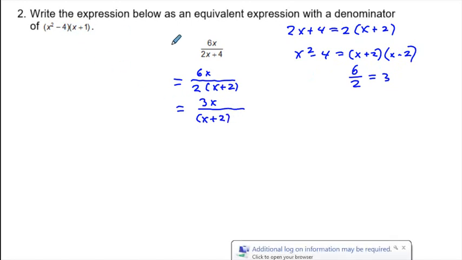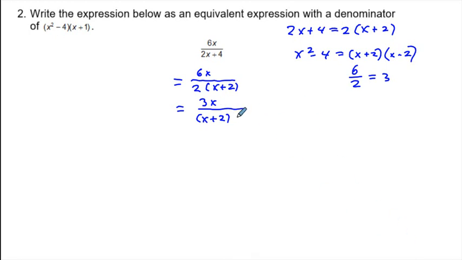Now to get our target denominator of x squared minus 4 times quantity x plus 2, we can go ahead and multiply our denominator by x minus 2, and we have to likewise multiply our numerator by x minus 2.